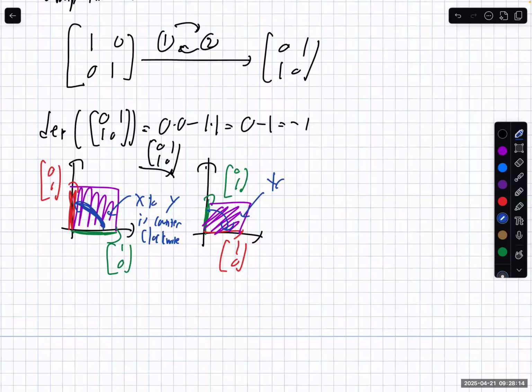And transformed x to transformed y is clockwise. In other words, there was a reflection.